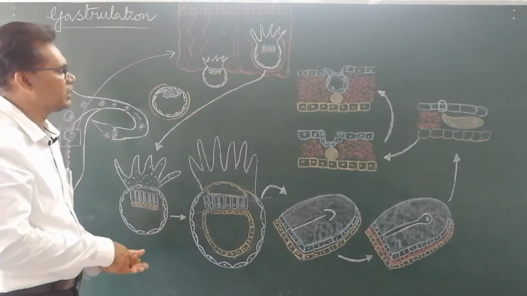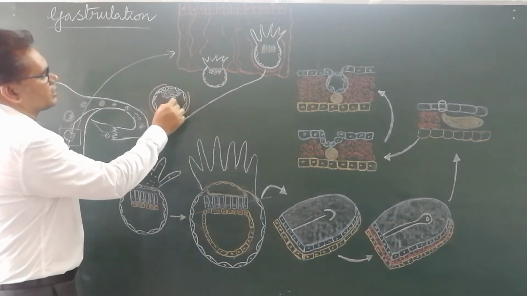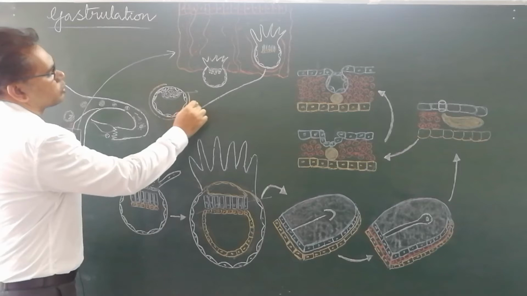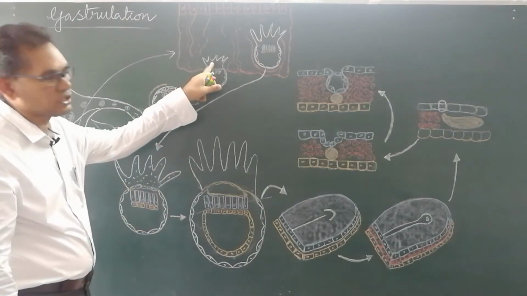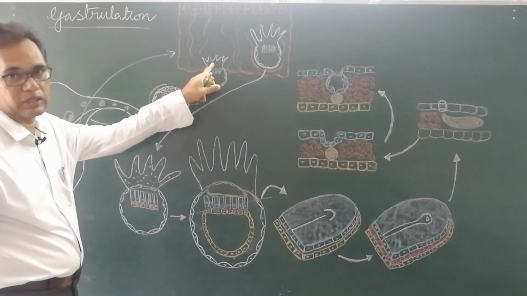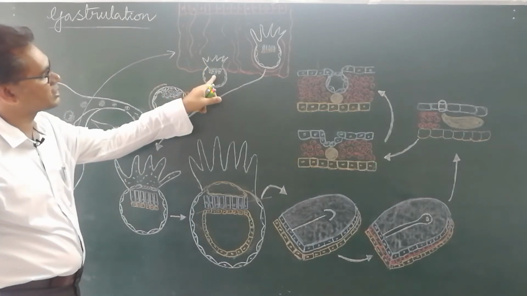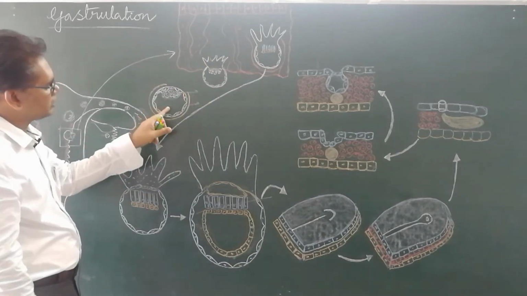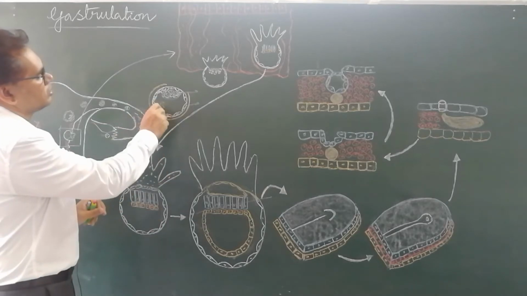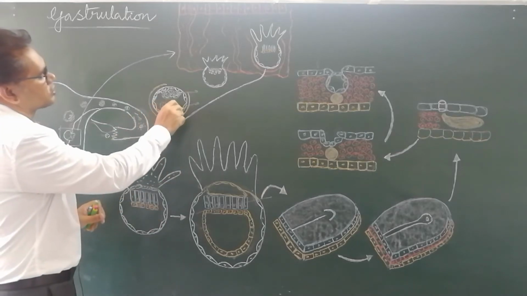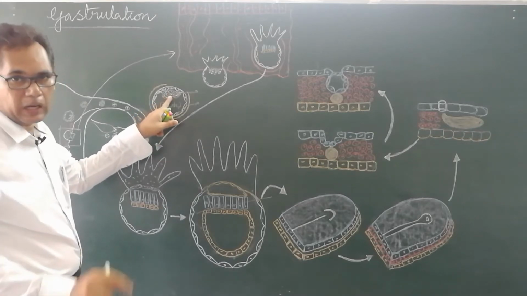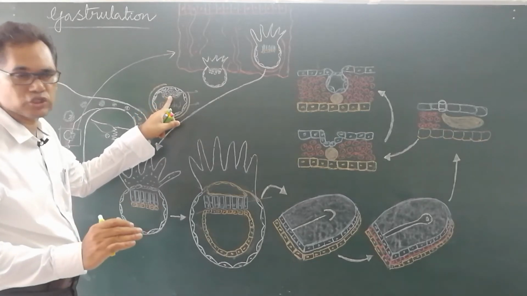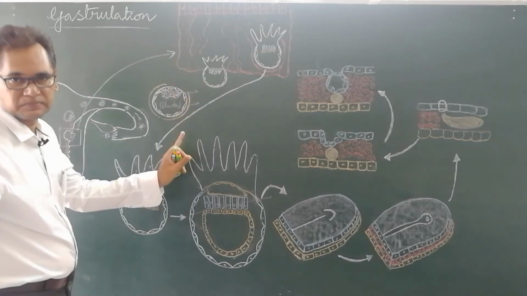Now if you observe, this is the inner cell mass and this is the outer cell mass. The part where it gets hatched out and attached is towards the inner cell mass, the opposite end of the blastocyst. Always, implantation takes place towards the inner cell mass.